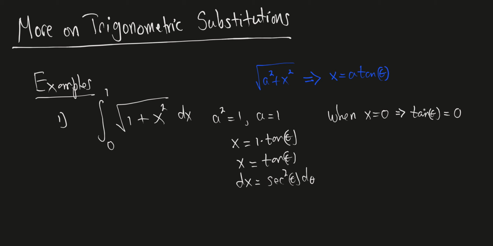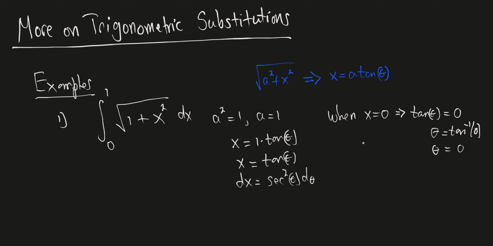Well, along the horizontal axis, if I take the arctangent of both sides, then theta would be the arctangent of 0, and that turns out to be 0, right? So the lower limit for x just happens to have the same value as the lower limit for theta.